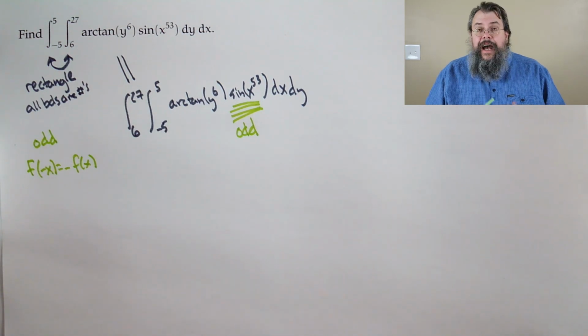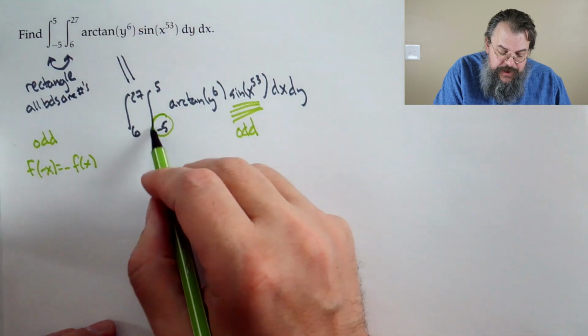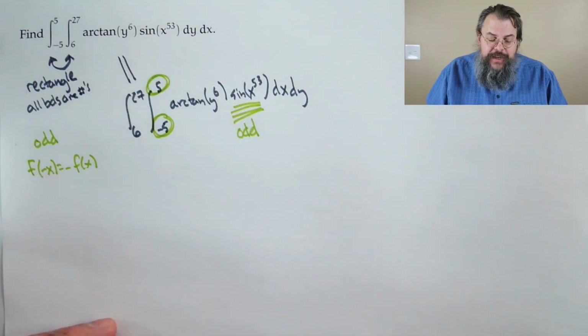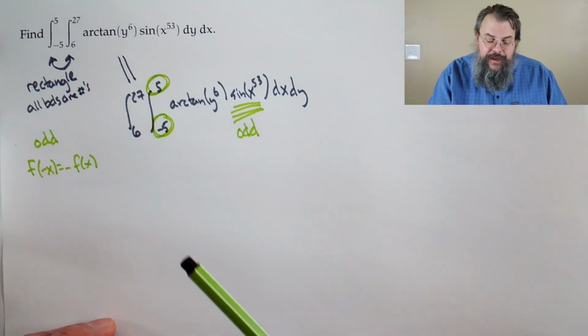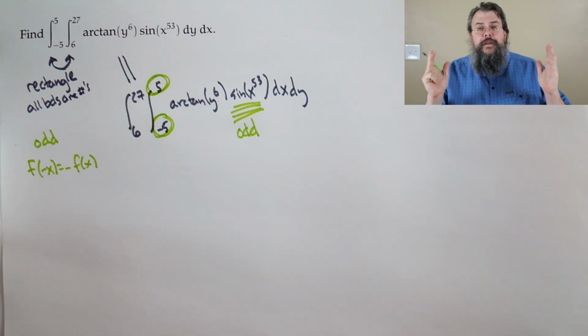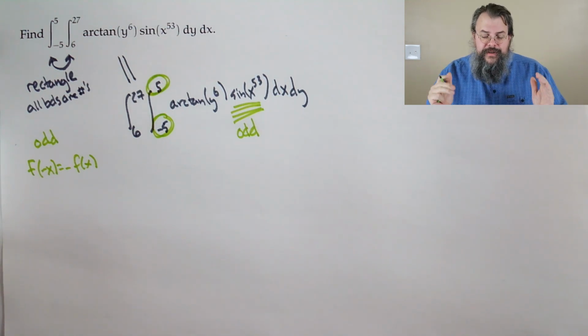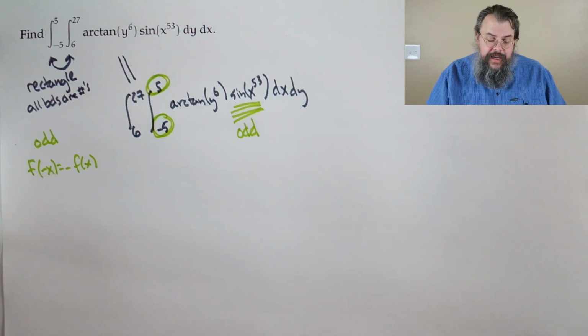Okay, so how does that help us? Well, notice something about these bounds. Very suspicious. See, the 6 to 27, hopeless, hopeless. But negative 5 to 5, those are nice in that they're equally around 0. Okay, so how does this all fit together?